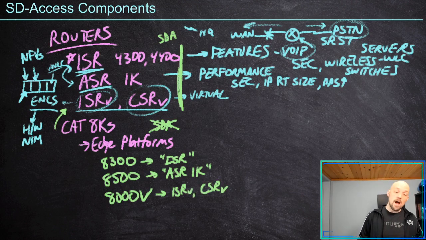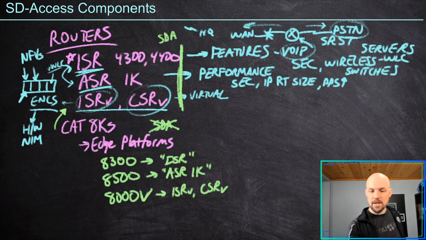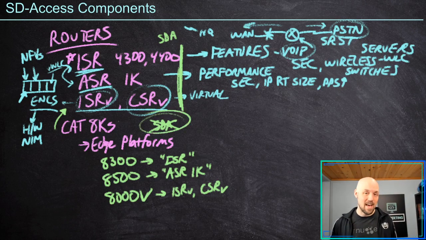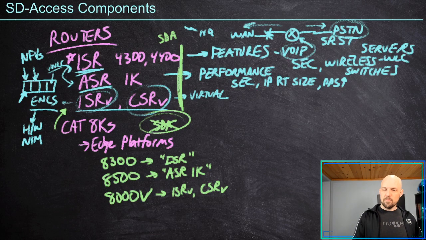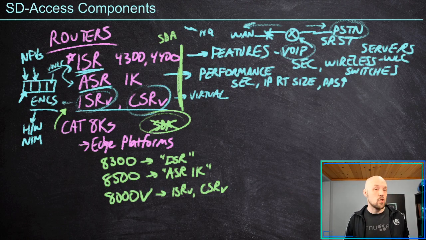They say, well, Jeff, why aren't we deploying Catalyst 8Ks? Well, for the reason I just mentioned. They're not supported yet in SDA. This is one of these situations where chances are things are going to change before the ENCOR exam gets to evolve. In other words, by the time you sit down and take the ENCOR exam, the 8000s might have replaced all of the other routers. The other routers might all be end of sale. I doubt that. Cisco will probably keep those going for at least another couple of years just to support existing customers.